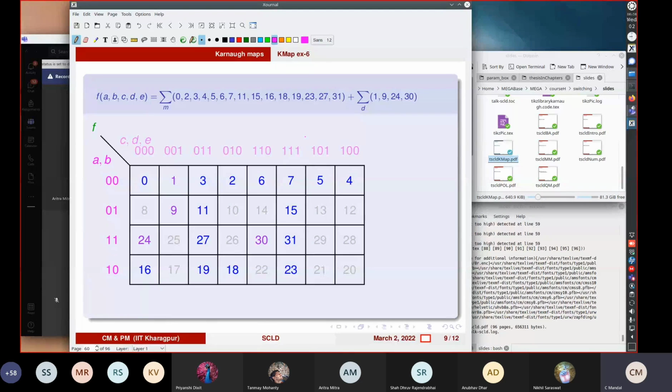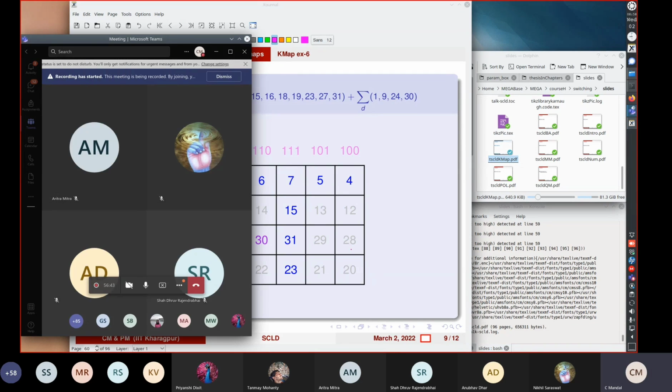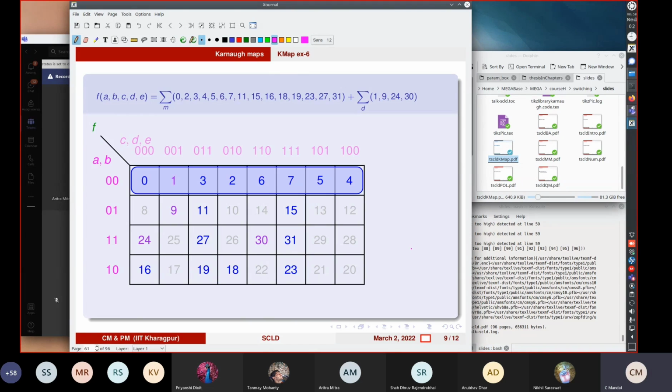Okay, so let us just see the solution. So there's a nice cube over there, quite a big one, and then of course you have this one, which is the second one only, or rather it doesn't rely on any don't care terms.